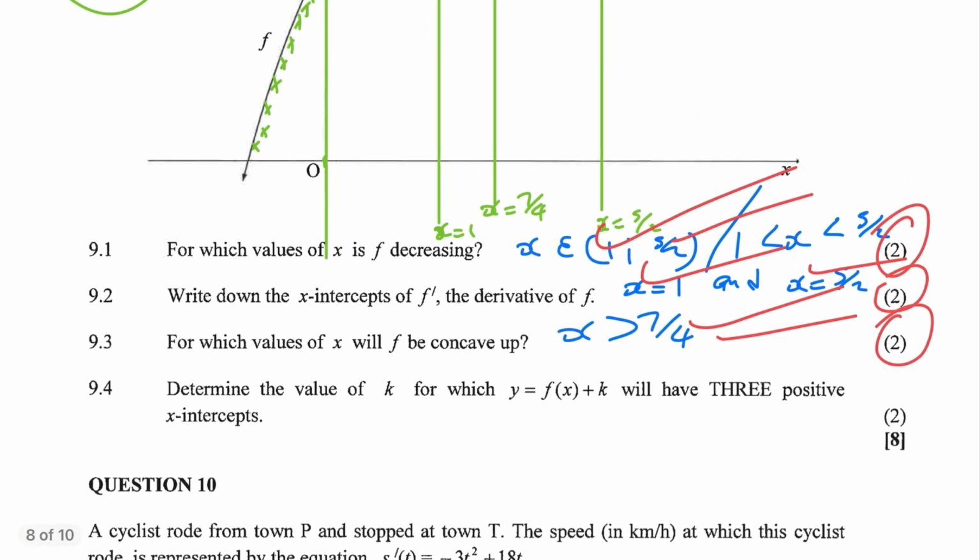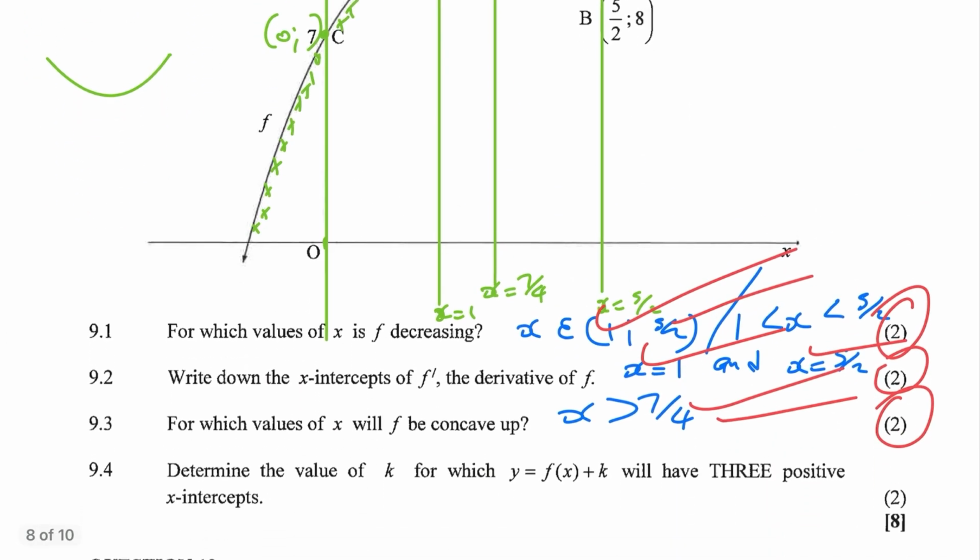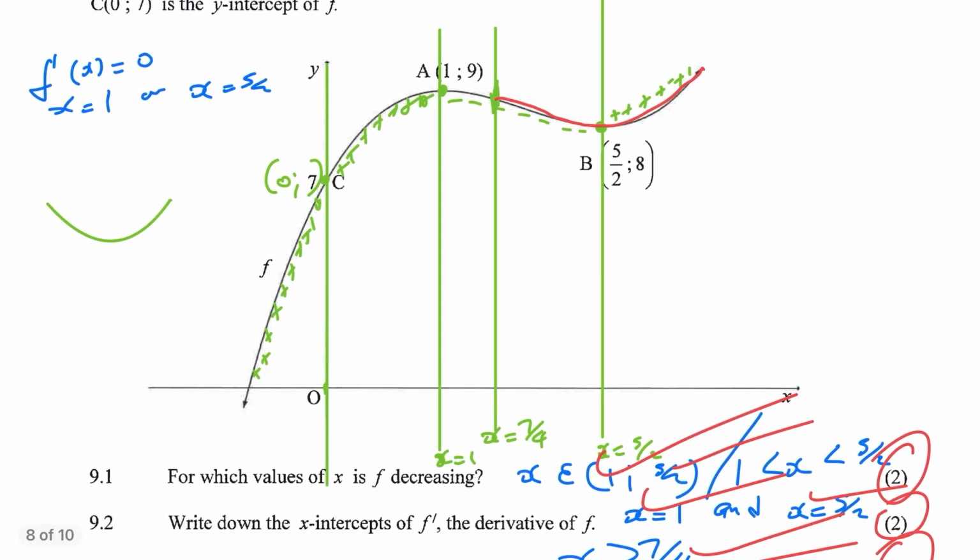So let's go to 9.4. Determine the value of k for which y is equal to f(x) plus k will have 3 positive x-intercepts. So here, the value of k would give 3 positive intercepts. This function will have 3 positive intercepts if it is somewhere here.